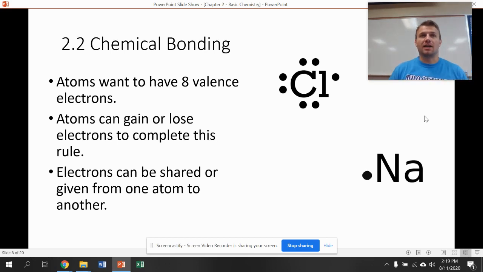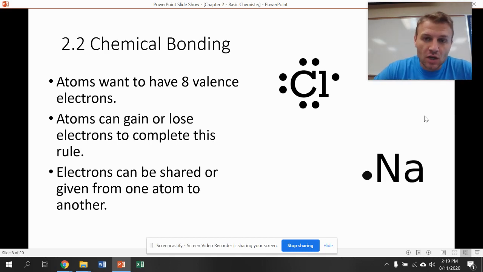Now, again, I'm going very superficial around atoms. If you dive deeper, you can find instances that disprove what I'm saying, like helium only has 2, but it's happy. It's a noble gas.